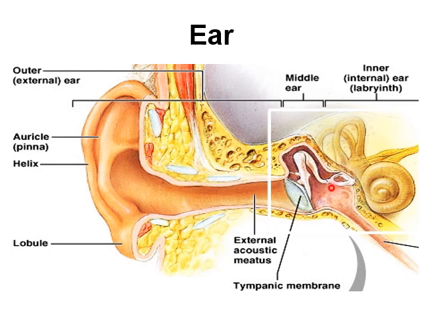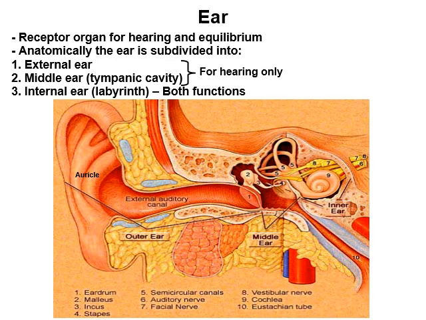The middle ear is a cavity that has three small bones called the ear ossicles. The inner ear is the labyrinth and it's made of the cochlea and the semicircular ducts. These structures you will learn more about in the following slide.